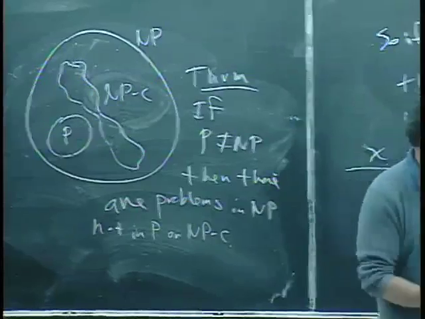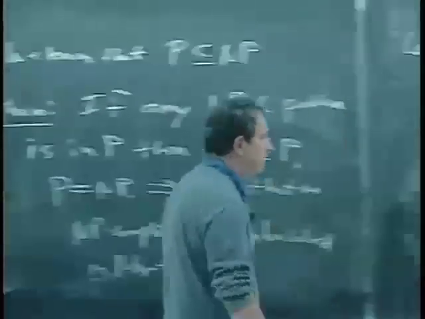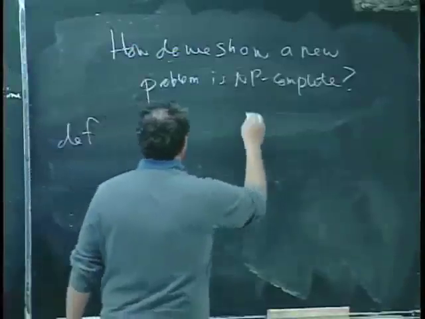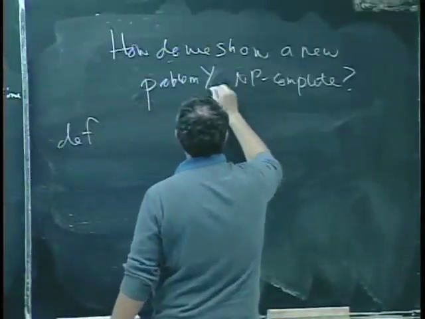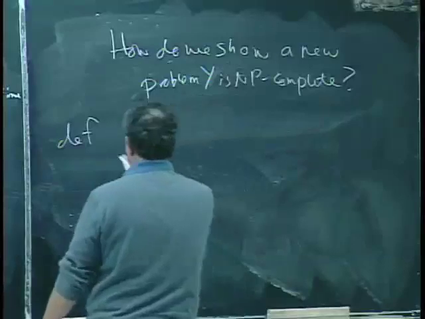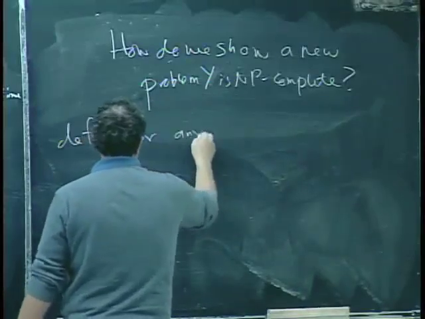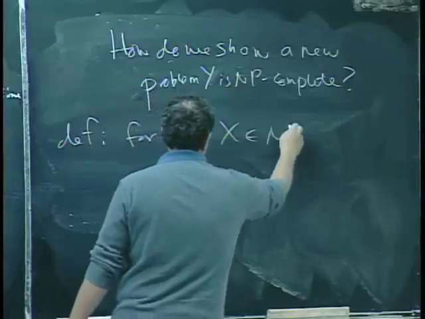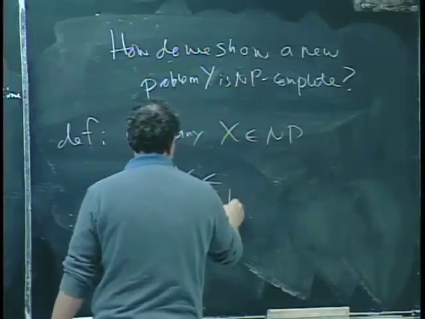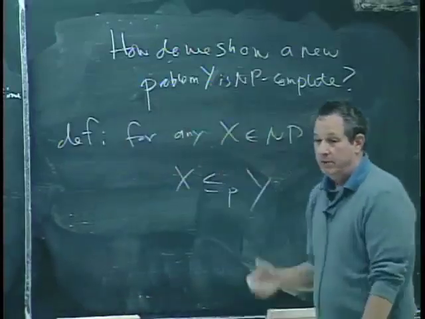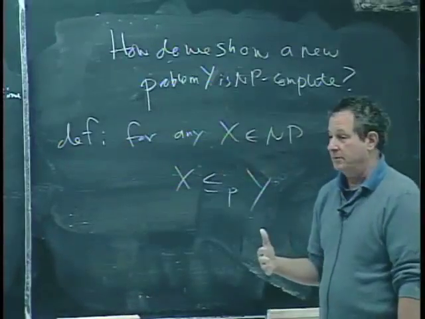But the second part is that, by the definition, how do you show a new problem, call it Y, is NP-complete? The second thing in the definition is that for any X in NP, X reduces in polynomial time to Y. But you know some NP-complete problems.